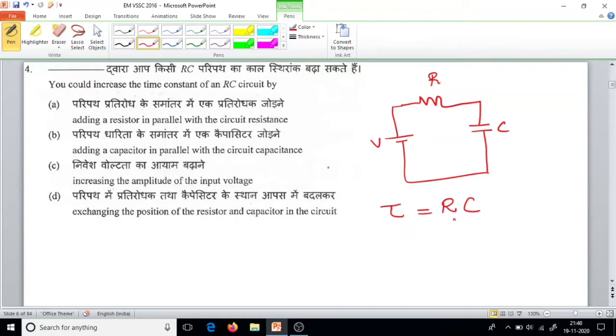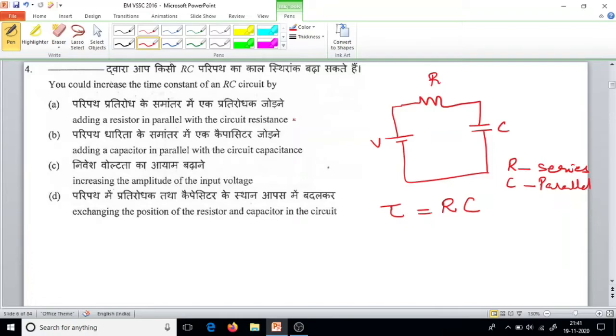Now if we increase either the resistance or the capacitance, we can increase the value of the time constant. To do so, we have to either increase the resistor in series or the capacitor in parallel. Now we will see the options. Option A, adding a resistor in parallel with the circuit resistance.